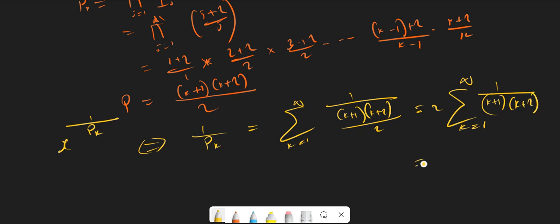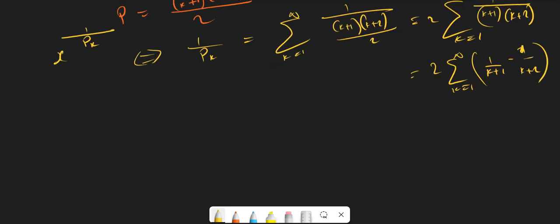Now this sum, you can use partial fractions to break it down. You get 2 times the sum from k equals 1 to infinity of 1 over k plus 1 minus 1 over k plus 2. And if you sum, they are going to telescope, and you're going to end up with 1.